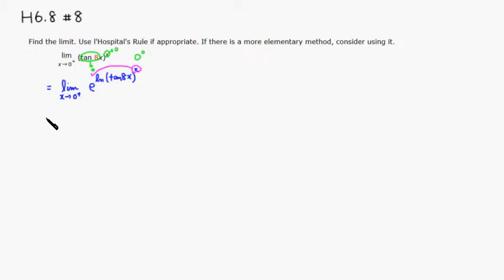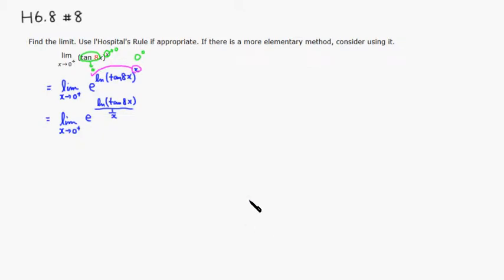So this can be rewritten as the limit as x approaches 0 from the positive side of e to the natural log of tangent of 8x over 1 over x.